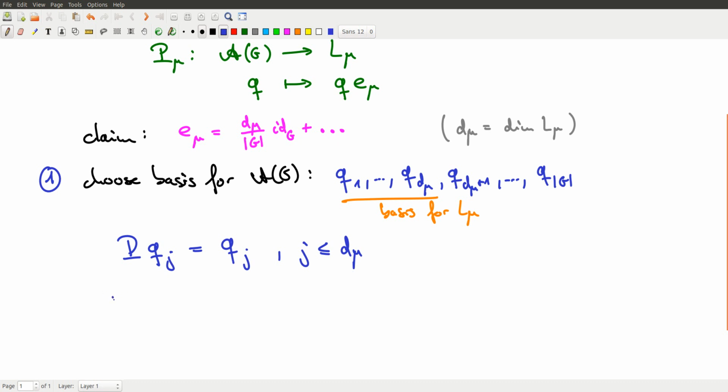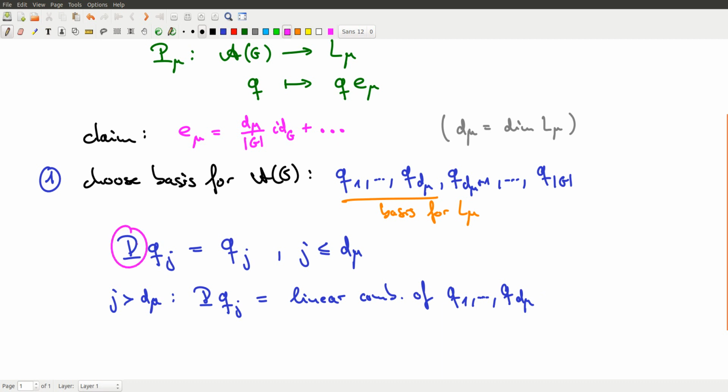But if we apply it to a q_j with a larger index, then we know that we end up in our subspace L_mu, so we will get a linear combination of the first d_mu elements. And now this means when we write this projection p, p_mu it was called, okay, it's p_mu.